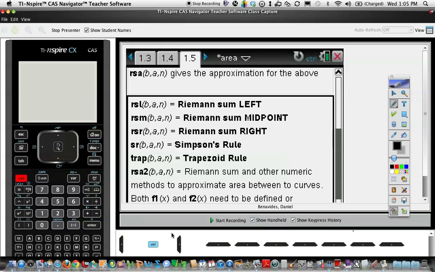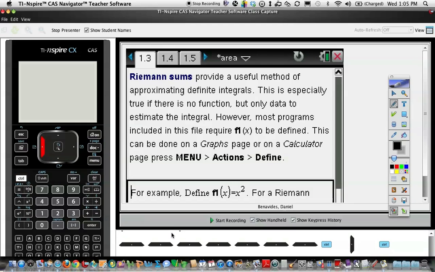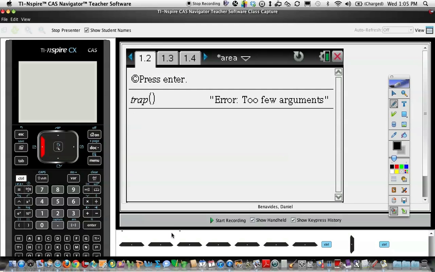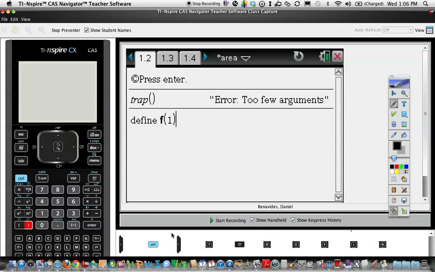Go ahead and go back to that page 1.2. Let's first define. So type out define, and we have to do it in F1, not F of X. It has to be in F1. So let's define F1. No, the 1 goes after the F. There you go.